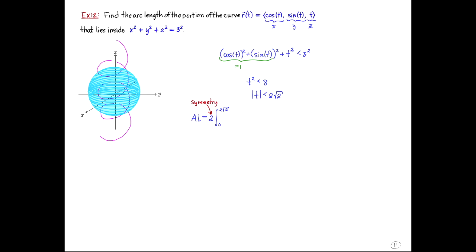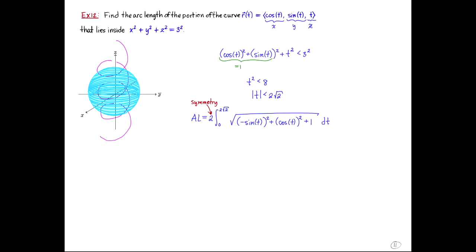Subbing in our arc length formula, this is the integral of the square root of the derivative of cosine t, which is negative sine t, quantity squared, plus the derivative of sine t, which is cosine t, quantity squared, plus the derivative of t, which is 1, dt.